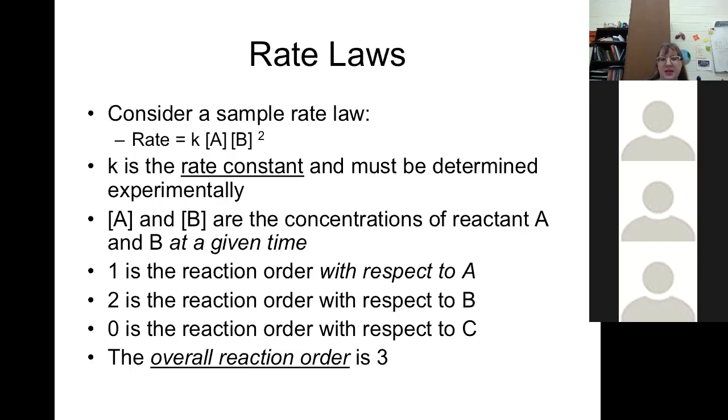So A and B here represent our chemicals. They might be ethene, they might be the ozone in our last equation, and they have brackets around them. The bracket means concentration, and as a general rule, we're referring to molarity for the concentration.